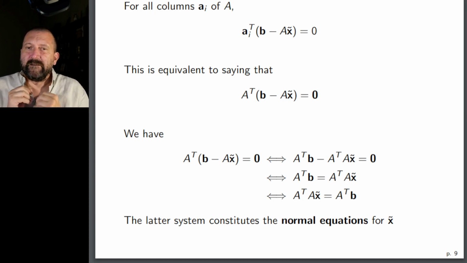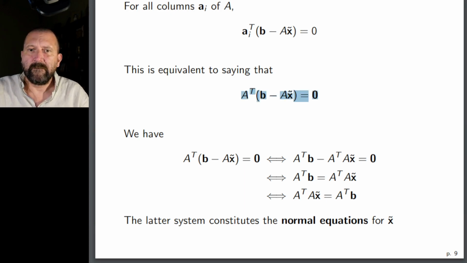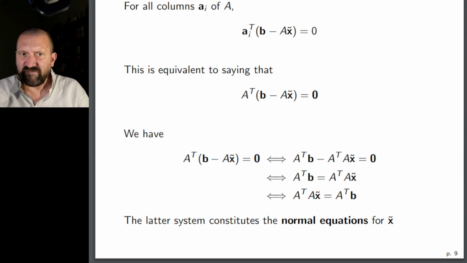And that means that I can now perform some matrix arithmetic. So if I write this equation here, you see, this is A transpose times the difference between two vectors.